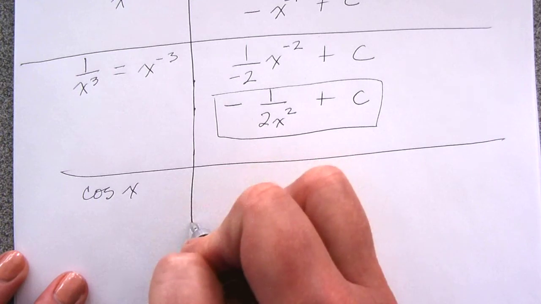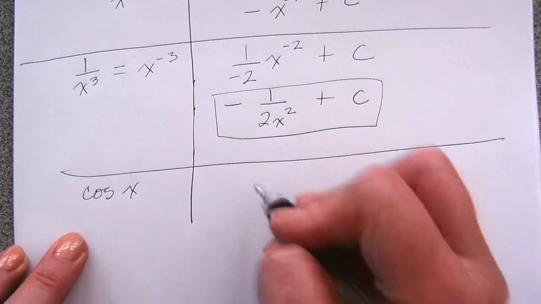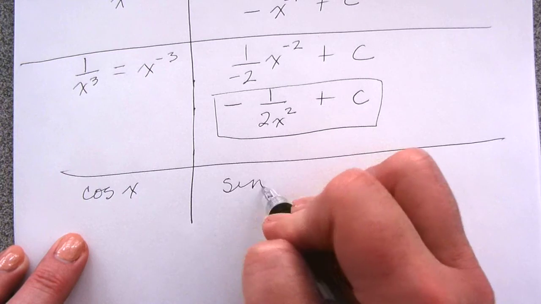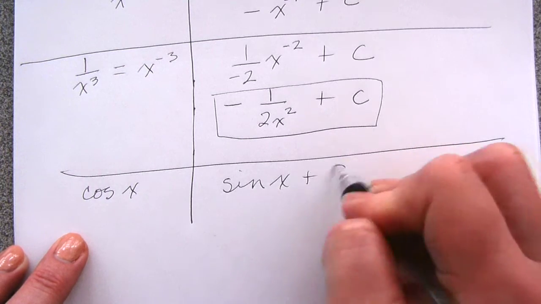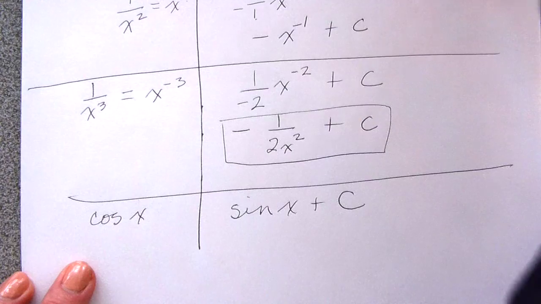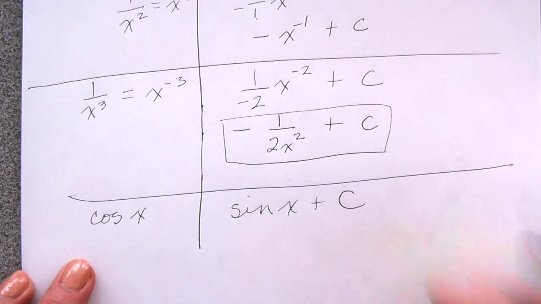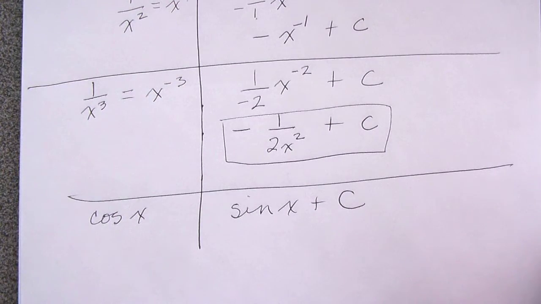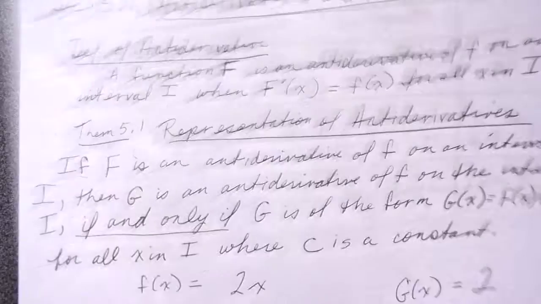So the integral of cosine x is sine x plus a constant. Okay? So if you're given the derivative, then the antiderivative is over here, just the opposites. And so that goes back to the definition that we looked at in the very beginning.